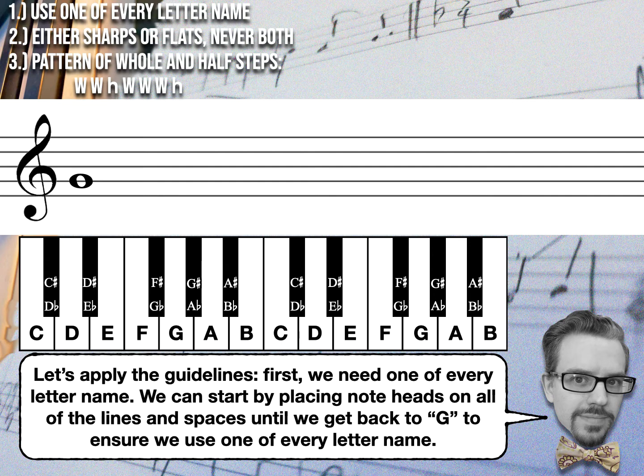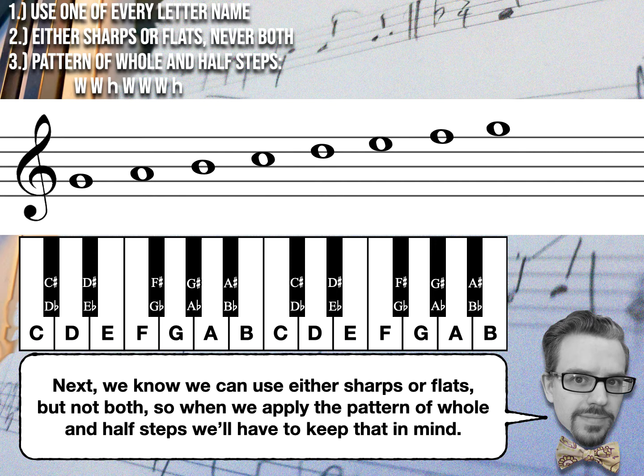Let's apply the guidelines. First, we need one of every letter name. We can start by placing note heads on all of the lines and spaces until we get back to G to ensure we use one of every letter name. A, B, C, D, E, F, G. Next, we know we can use either sharps or flats, but not both.